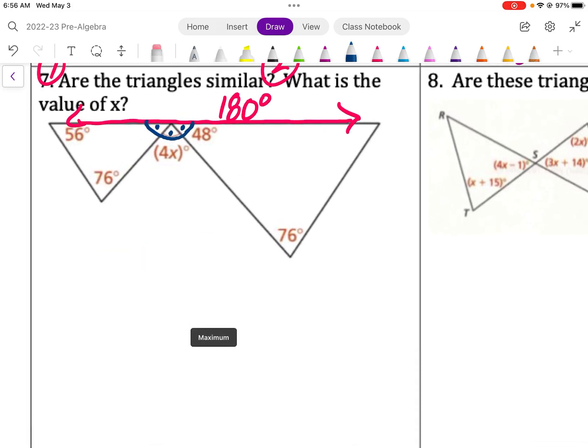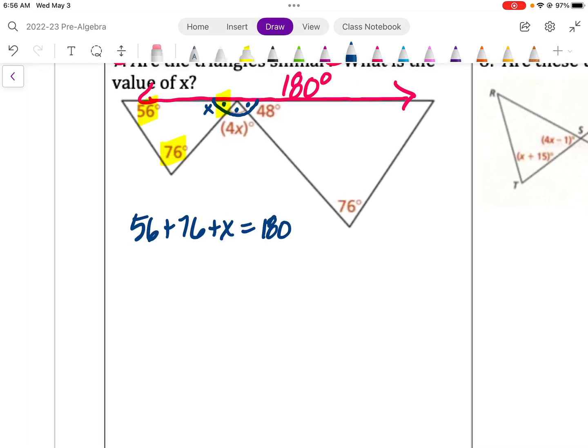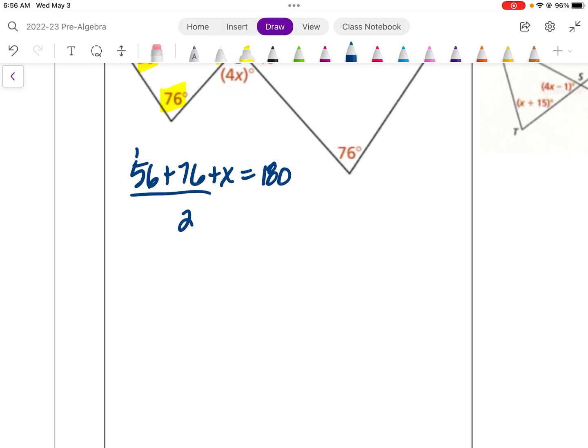Okay, because remember, all the angles inside the triangle also have to equal 180 degrees. So if I add this together, let's see, 6 and 6 is 12. So 132, I believe that is.